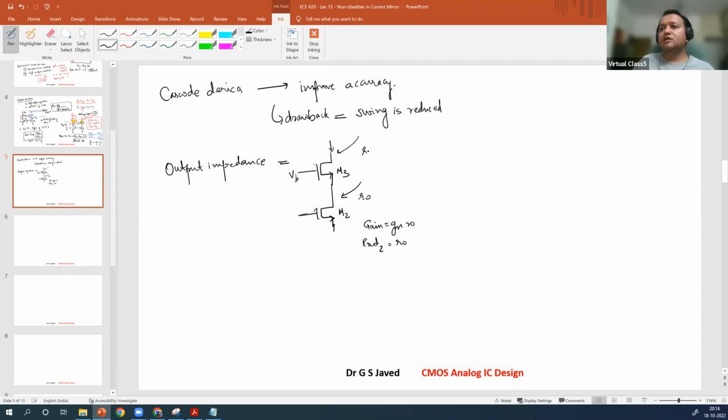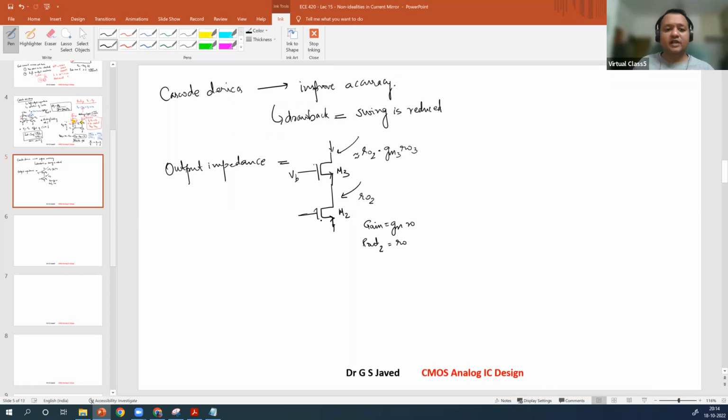So the Rout here becomes, this is r02, the Rout here becomes r02 times gain of this device, gm3 r03. So this will be the output impedance. Effective or approximate output impedance will be multiplied by this value. And this is a significant increase.